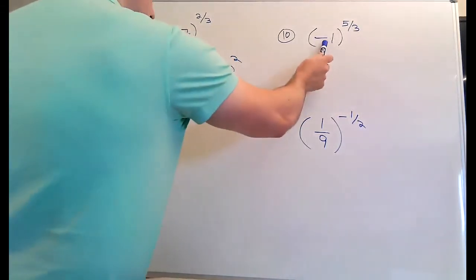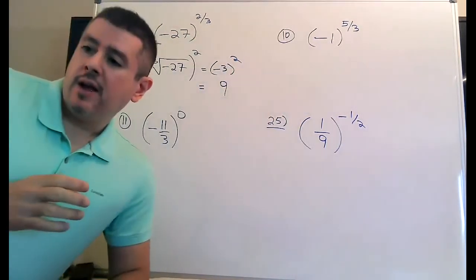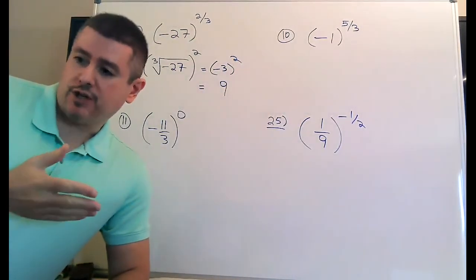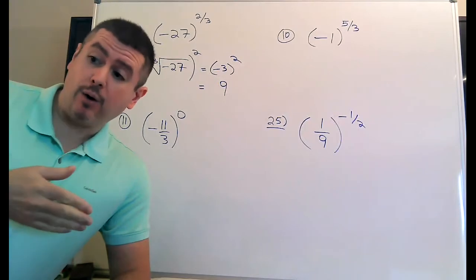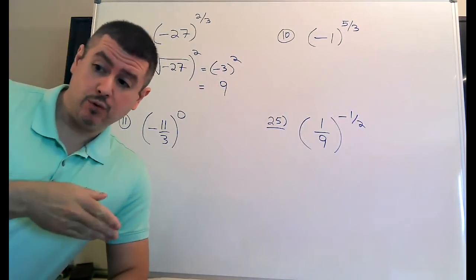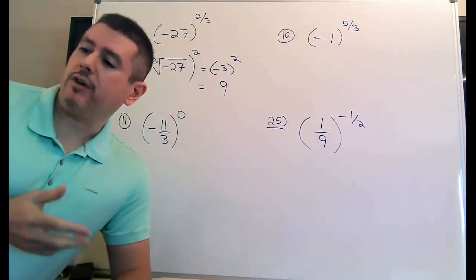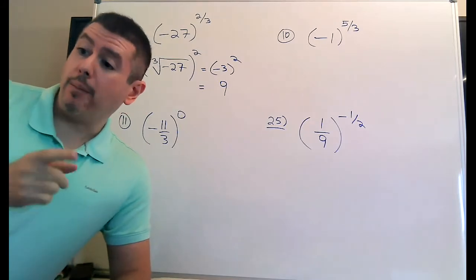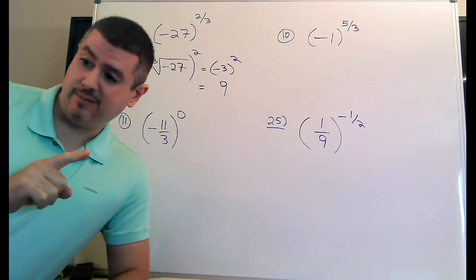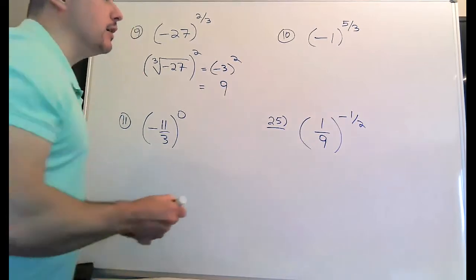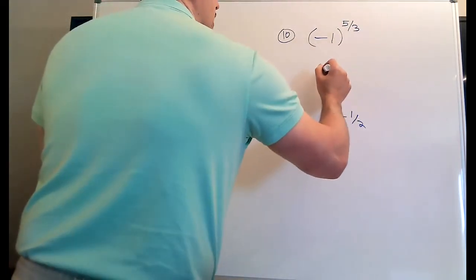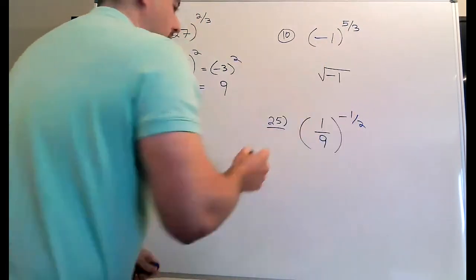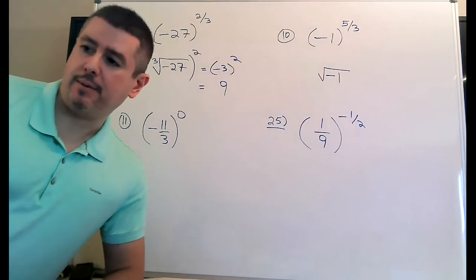Now I'm going to teach you how to cheat on this one. Negative 1 is a really strange creature because depending on the power, you either get a 1 or a negative 1. You can't get anything else, right? No matter how many times you multiply 1, you make 1. But if the power is even, like a root, if you try to do the square root of negative 1, it's not happening, right?